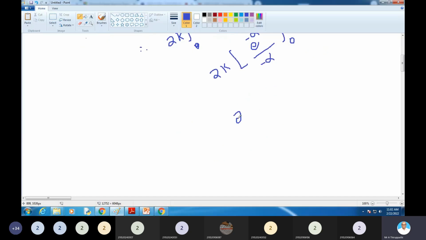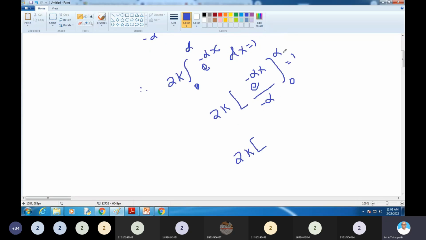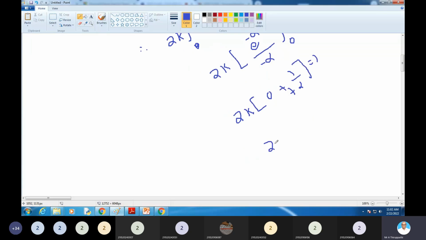So 2k, first put in the upper limit: e to the power minus infinity is 0, minus e to the power 0 which is 1, divided by minus alpha, is equal to 1. So minus becomes plus, 2k by alpha is equal to 1.